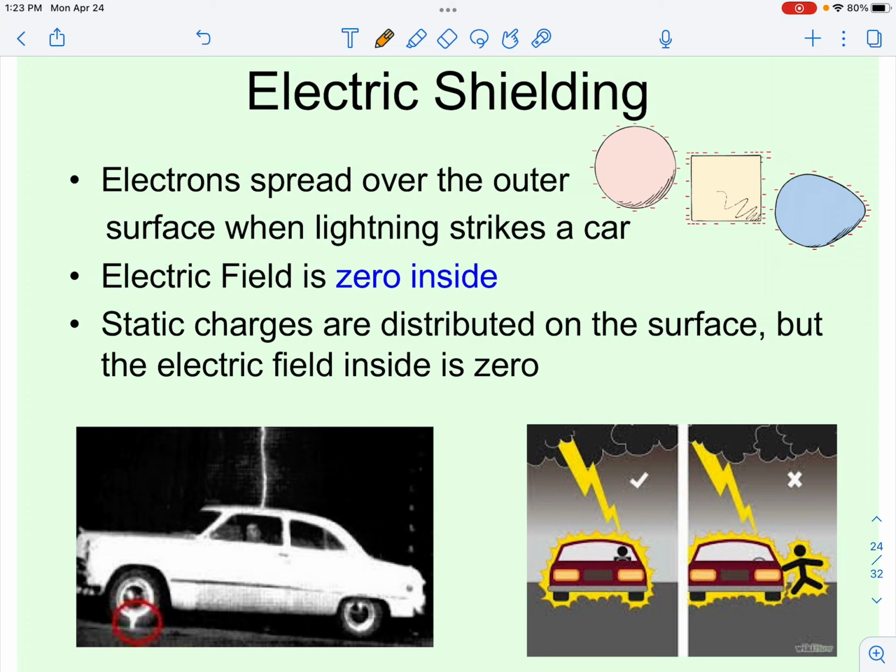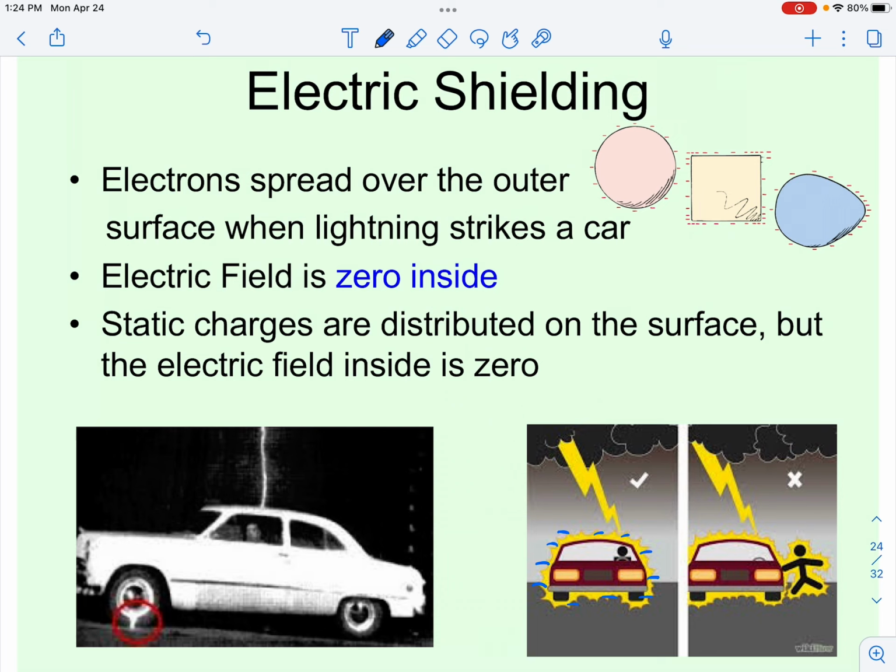The idea behind electric shielding is that because your car is a hollow object, obviously because you sit in the empty space inside, the electrons that are coming down from the lightning bolt are going to spread out around the car. Because it's hollow, the electrons are going to spread out on the outside. As long as you are safely inside the vehicle in that hollow space, those electrons do not hurt you, they do not get to you, because they are trapped on the outside.